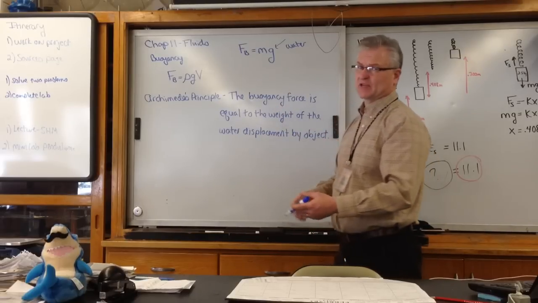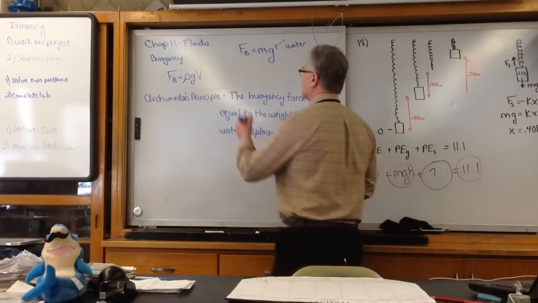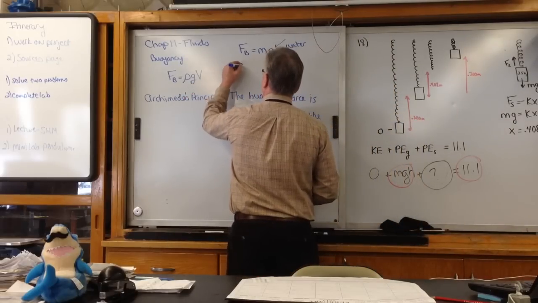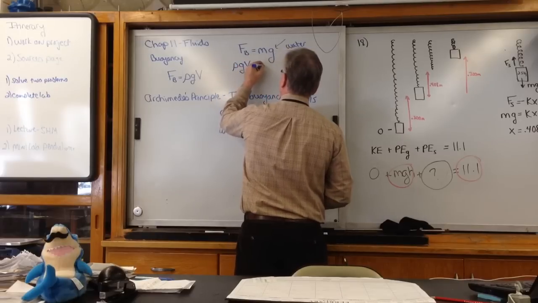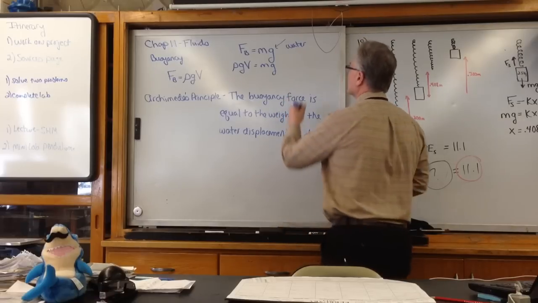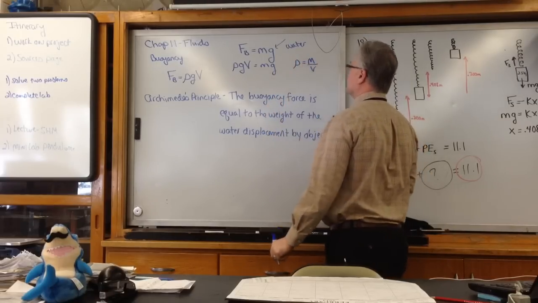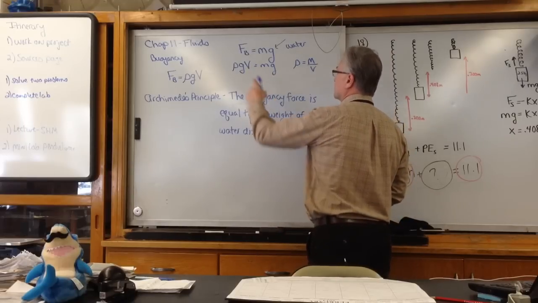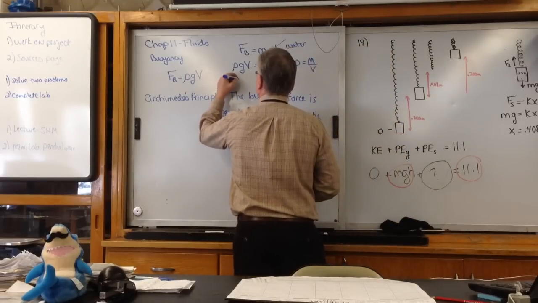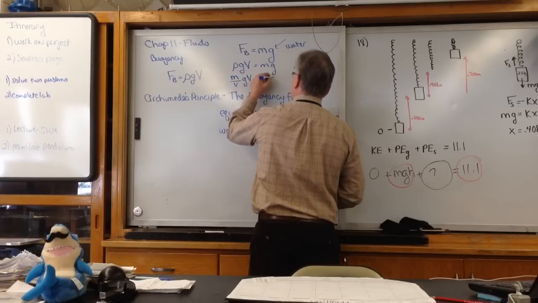All right, let's see if this is actually true. Well, we know that the buoyancy force is rho g V, so let me write that underneath here. So rho g V is equal to mg. All right, let's see if it's true. Well, oh yeah, isn't density equal to m divided by V? So if we look here, let's replace the rho with m divided by V: (m/V) g V equals mg.